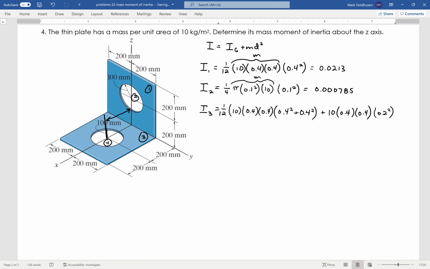And deal with the different orientation of the plate, as well as now I actually do have a parallel axis that I need to worry about. When I do that, the moment of inertia of plate 3 around the z-axis is 0.0141.